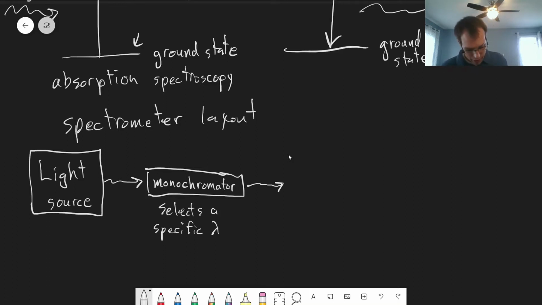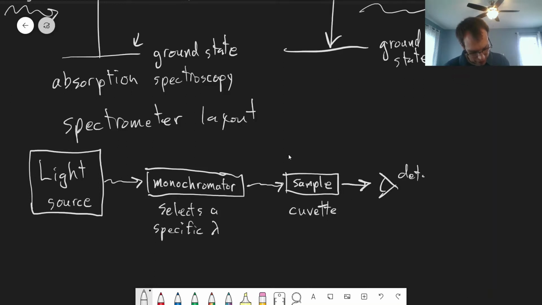And then after we've selected a specific color, that will go through our sample. This is often contained in a cuvette or something like that. And then the light will go onto, this is often represented as an eye here, a detector, some way to measure how much light there is. And we're looking for the change.